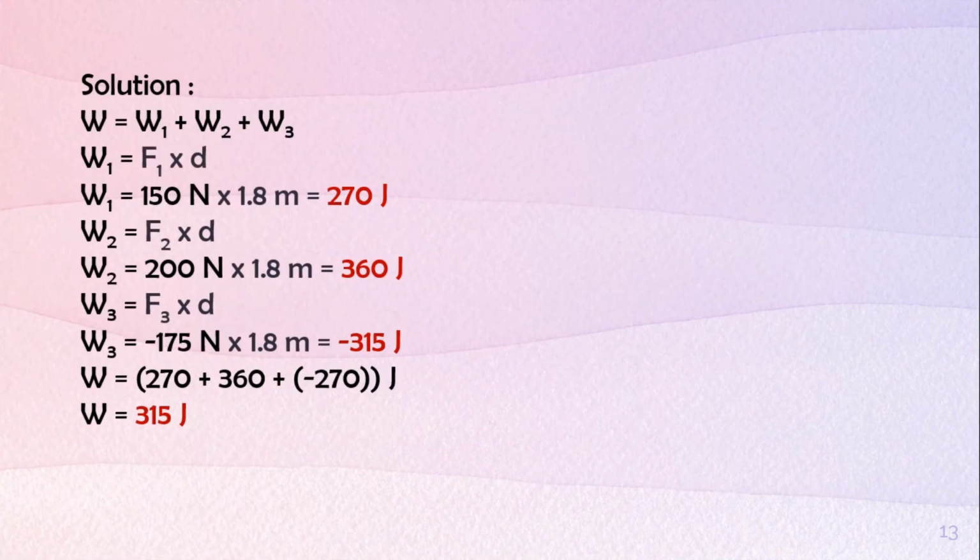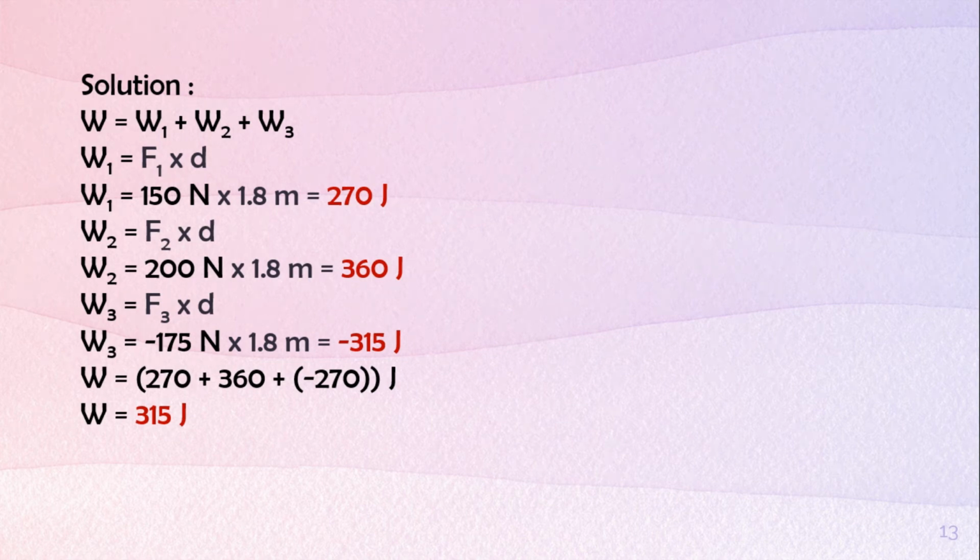Solution. The first way is the total work equals work 1 plus work 2 plus work 3. Work 1 equals F1 times D equals 150 newtons times 1.8 meters equals 270 joule. Work 2 equals F2 times D equals 200 newtons times 1.8 meters equals 360 joule.